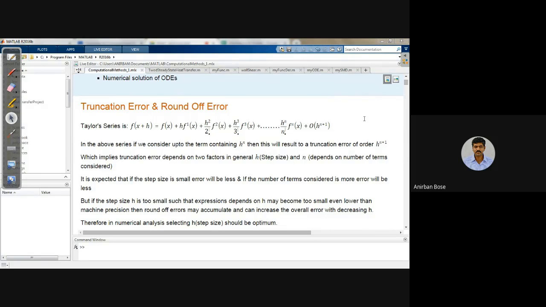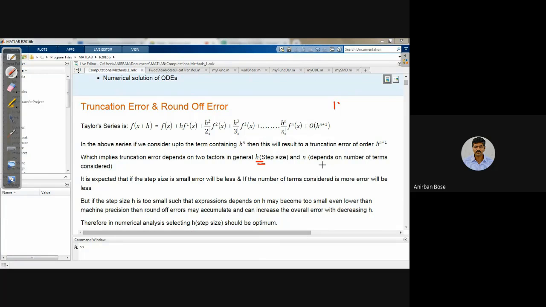Now, when you are doing calculations with h, maybe some quantities are functions of h, maybe h to the power of some higher values, and if you take h very small, maybe 10 to the power -5 or -6, the expression containing h might be so small that it is even less than the machine precision.